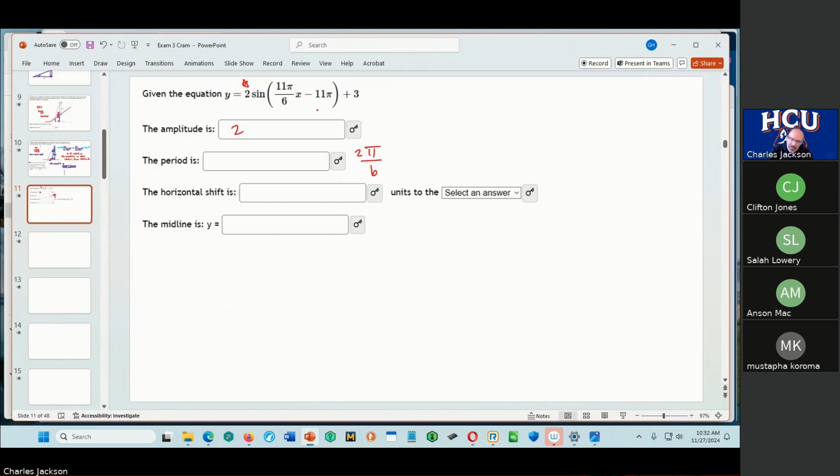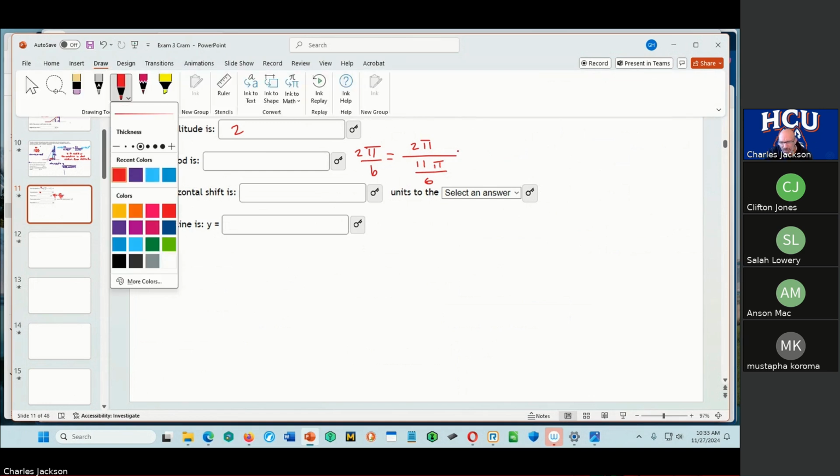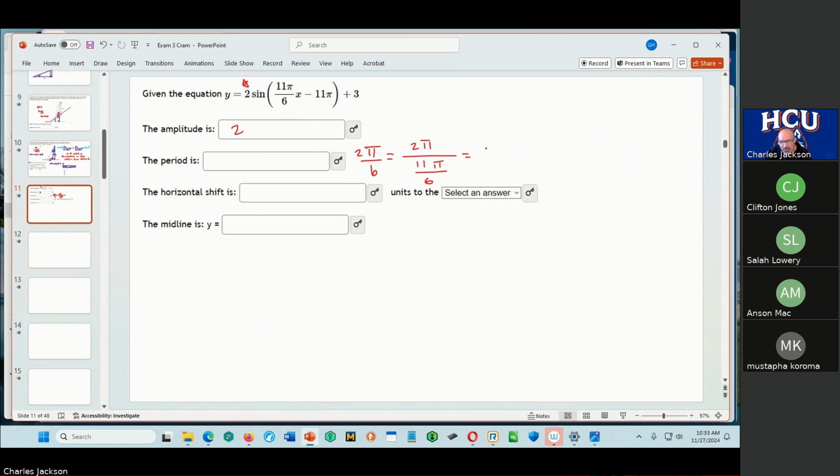Now the b is the 11 pi over 6. Two pi over 11 pi over 6, which is flip the bottom and multiply, 2 pi times 6 over 11 pi.